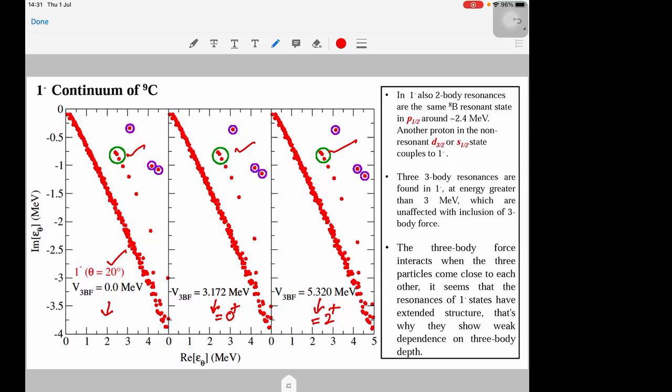In one negative, now the one proton is sitting in the resonant p half state of 8 boron, and another proton is either sitting in non-resonant d3 half or s1 half to couple to one negative.